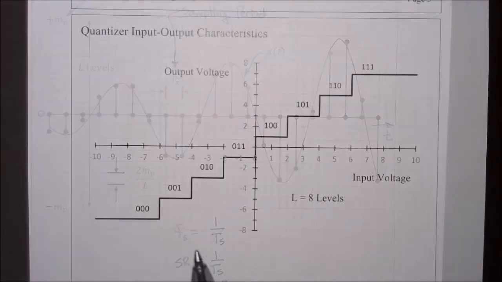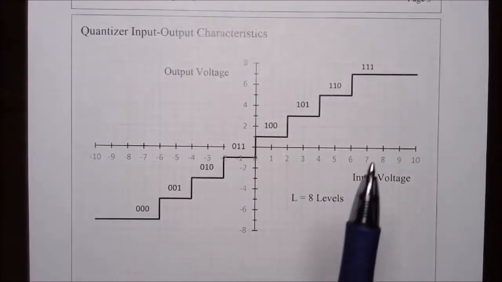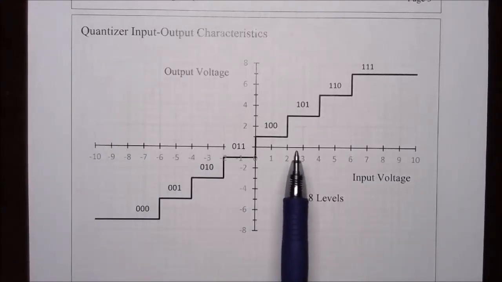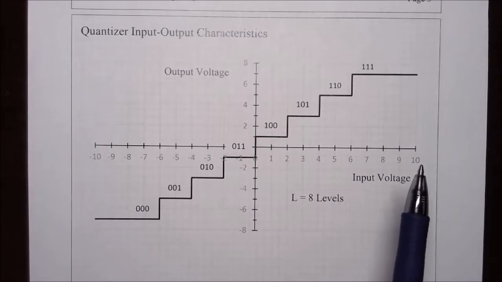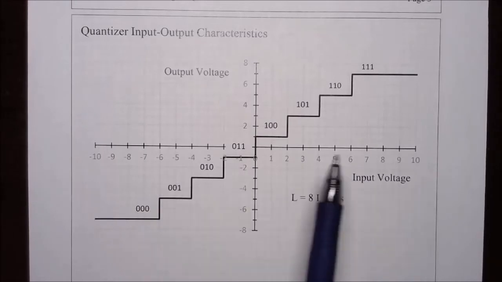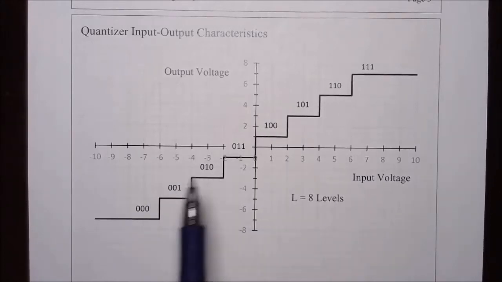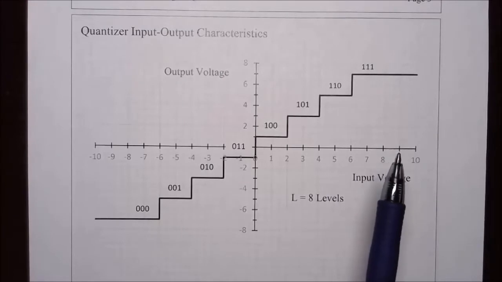Here's another graphic demonstration of the quantizer. In this case, the input voltage to the quantizer lies on the horizontal axis, and it could go from minus some voltage to plus some voltage. I really haven't indicated the peak range in this case.